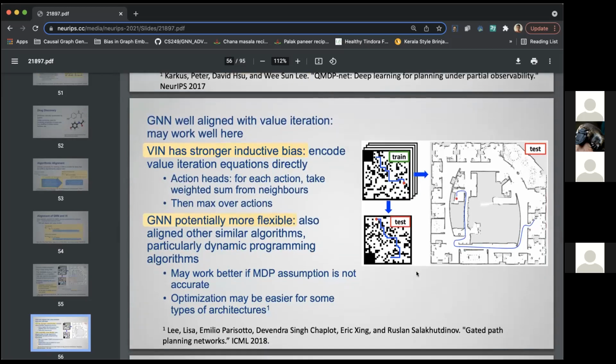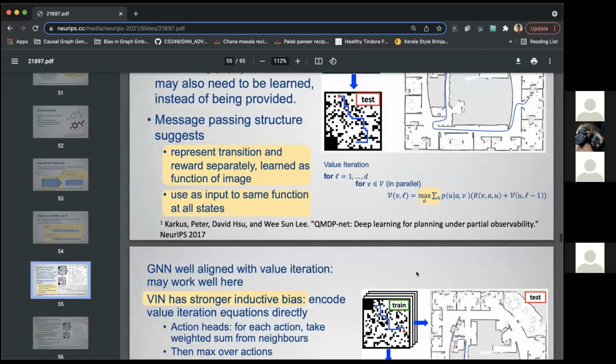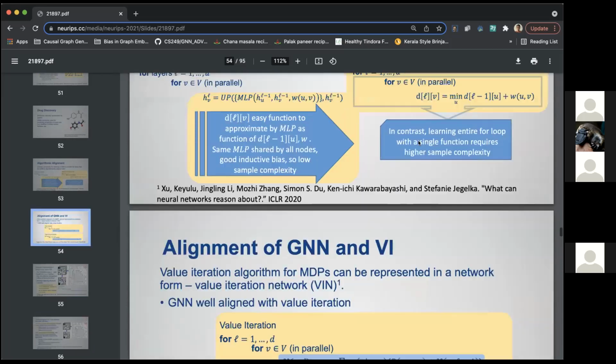So the GNN being well aligned with value iteration may work well here because value iteration itself has a stronger inductive bias, since it's encoding these value iteration equations directly. This is very similar to what Derek had said earlier.